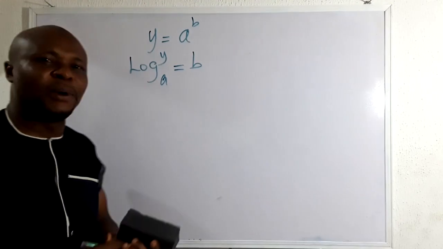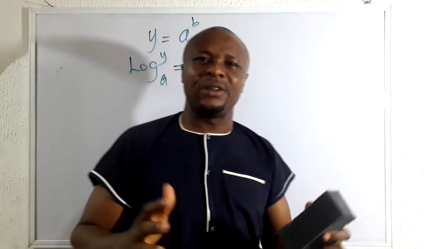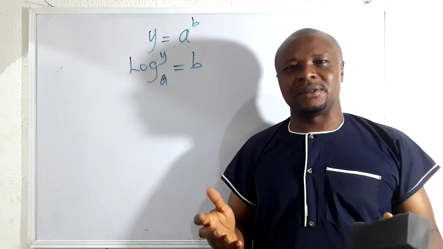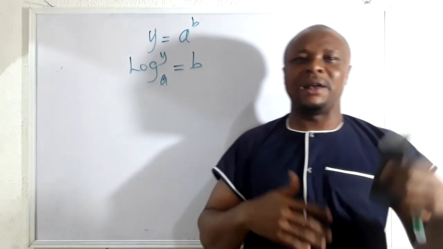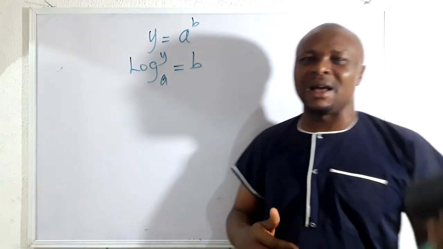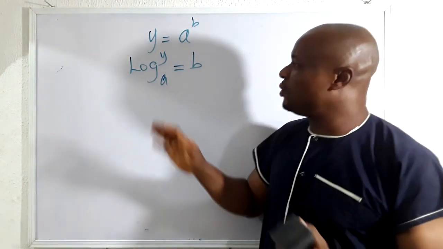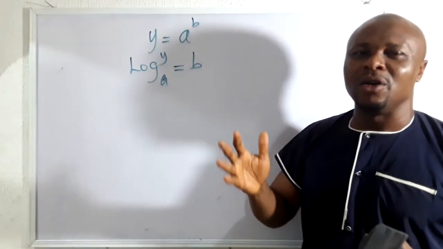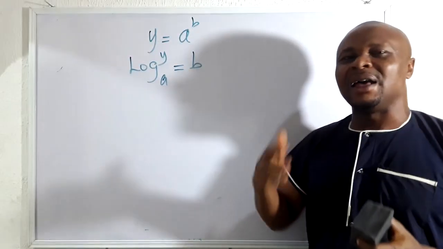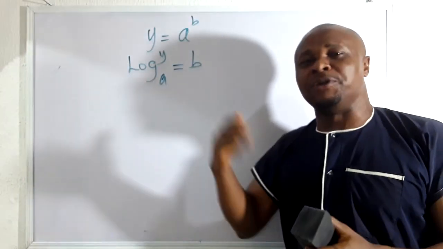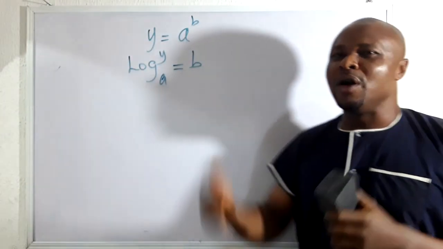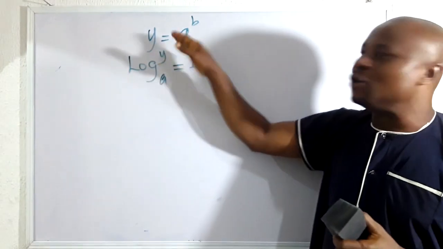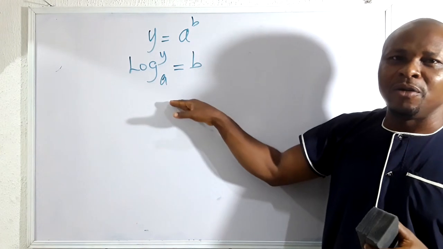Now, it is important to know that logarithm can be used in financial mathematics, like computing compound interest and all that. We'll see that in later videos. This video is just to explain the meaning of the logarithm of a number, and how to move from the index form, the indicial form, to the logarithm form.